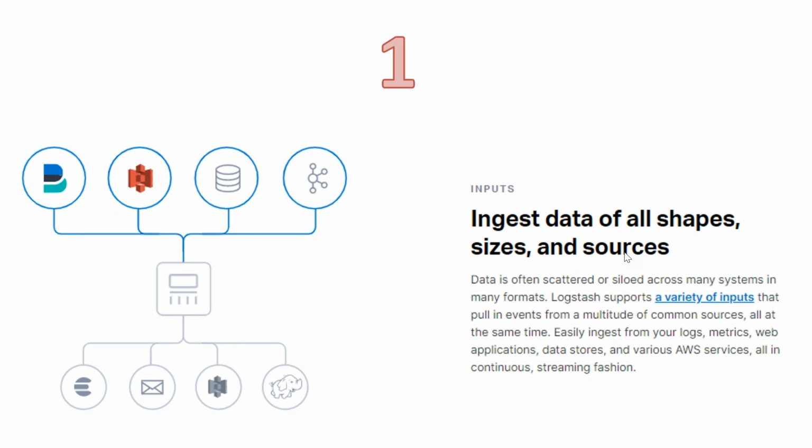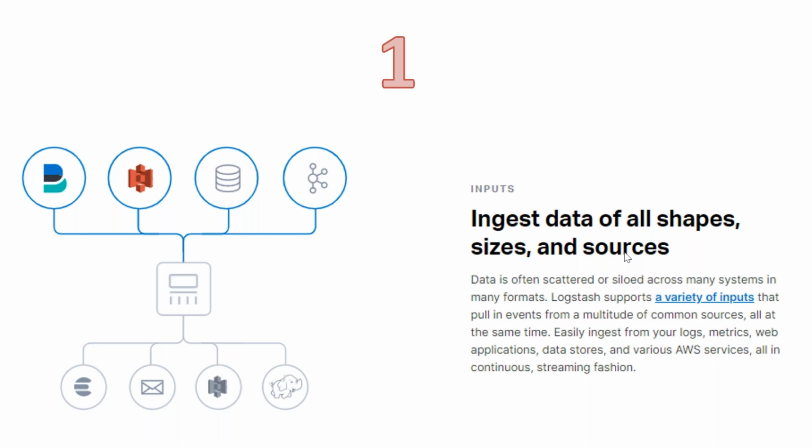So yes, Logstash supports a variety of inputs that pull in events from a multitude of common sources, all at the same time. Easily ingest from your logs, metrics, web applications, data stores, and various web services, all in a continuous streaming fashion.